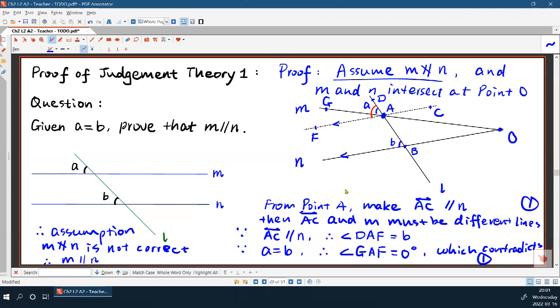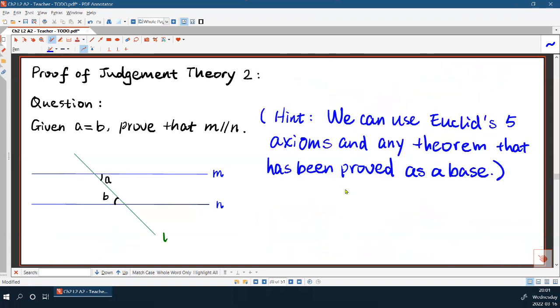Okay. All right. Then, if we have proved the first theory, can you prove the second theory now? The hint is we can use either Euclid's fifth axiom or any theorem that has been proved as a base, right? Apparently, we have proved Judgment Theory 1. So actually, you can base it on that theory to prove Theory 2. Can you do that?